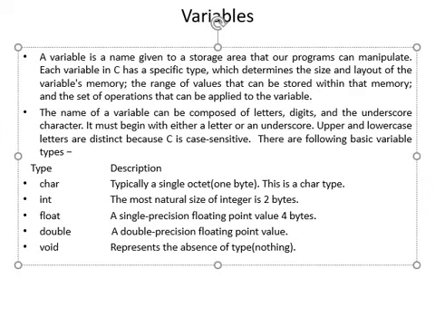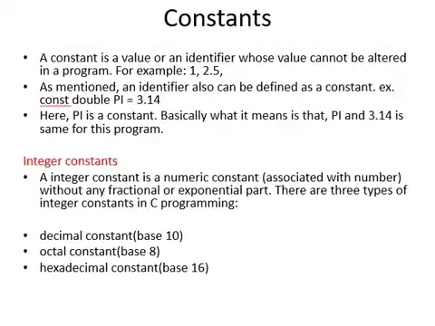So this is one aspect, and what do we say is a constant? A constant is a value or an identifier whose value cannot be altered at the runtime of the program, for example 1, 2.5. What type of things can we declare as constants?